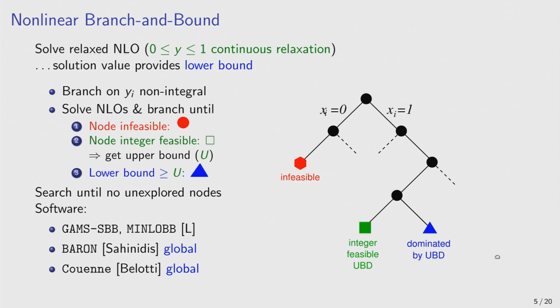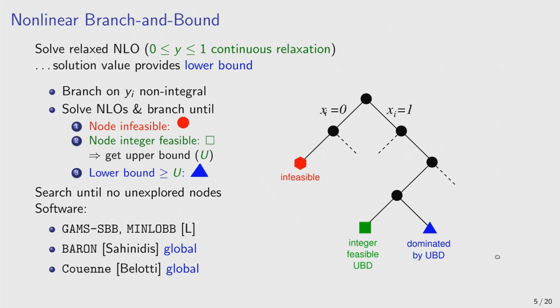Occasionally, we find a point where we get an integer feasible solution. So if we branch long enough, and this morning we had the exercise, if we have p binary variables, then the depth of the tree is at most p. So if you go down the tree after p steps, you will be at an integer point. And if this point is also nonlinear feasible, then this will provide an upper bound.